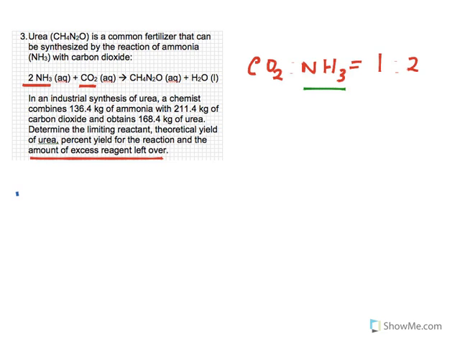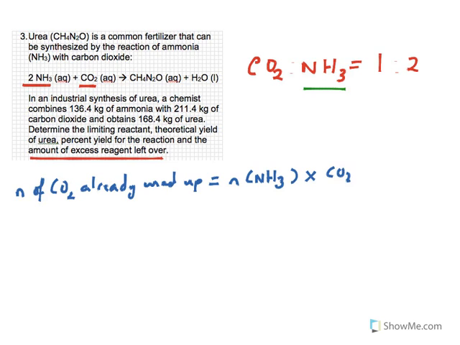Okay, so figuring out the moles of CO2 already used up. This is going to be equal to moles of limiting reactant, which is going to be moles of ammonia, times the CO2 to NH3 ratio, which is the moles of the reactants ratio.